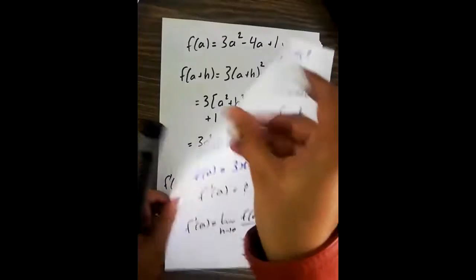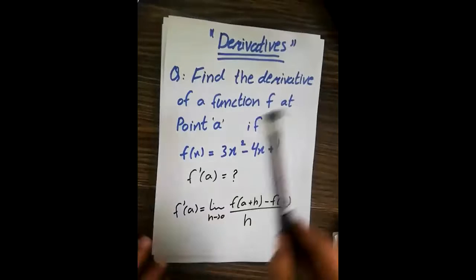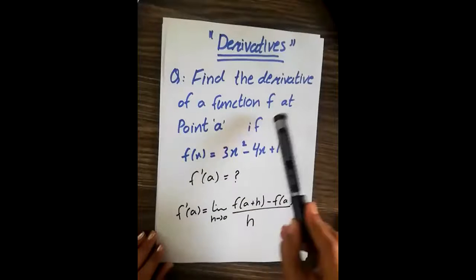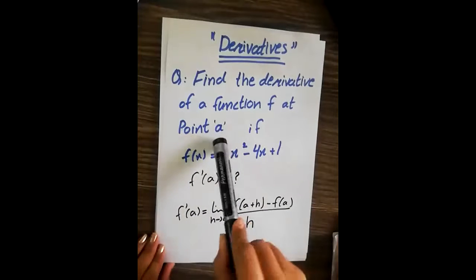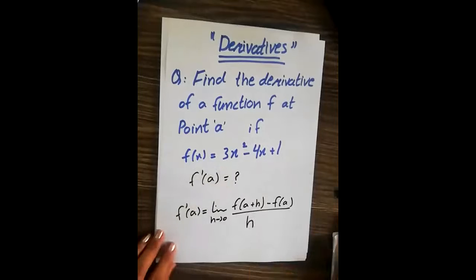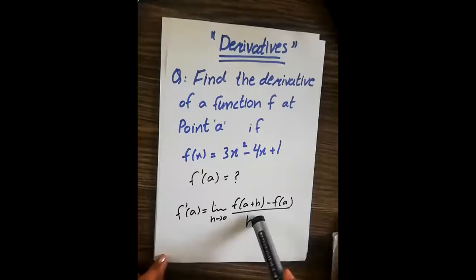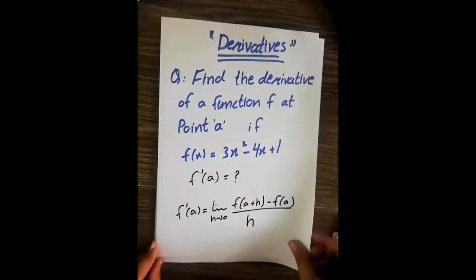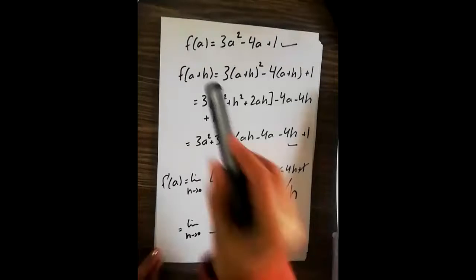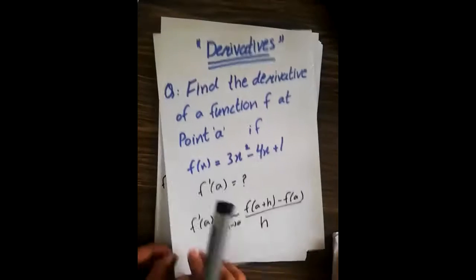So the question was, find the derivative of a function f. This is the function f at point a. So what was the formula? The formula was f prime of a is equal to limit h approaches to 0, f of a plus h minus f of a, all divided by h. So f of x is equal to 3x square minus 4x plus 1.